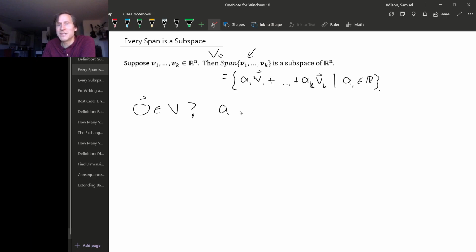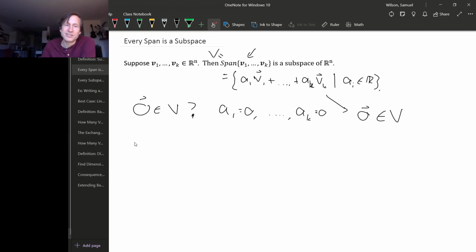Well, yes, because we can choose a1 to be 0 and a2 to be 0 and so on, ak to be 0. And then what does this formula produce? If you choose all zeros for your coefficients a, this formula just produces the 0 vector. And so the 0 vector is in this span, capital V.